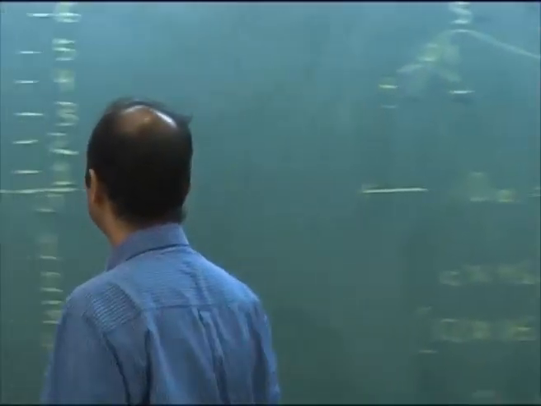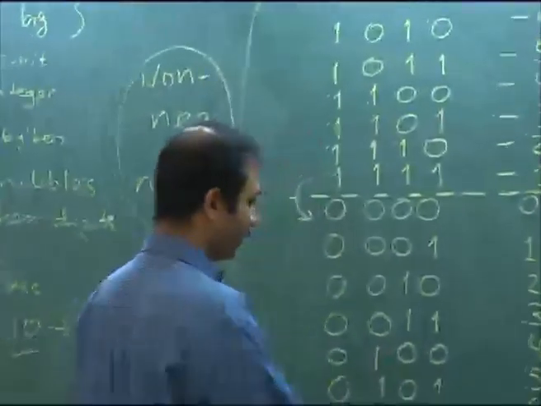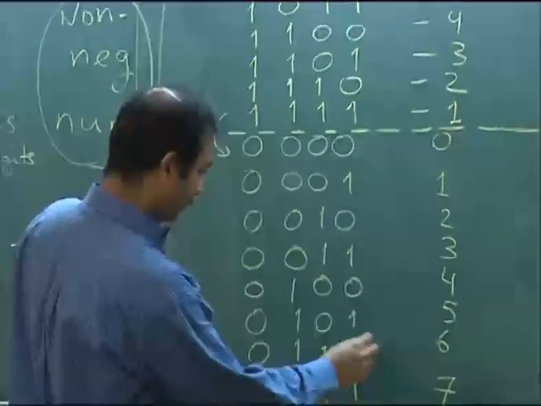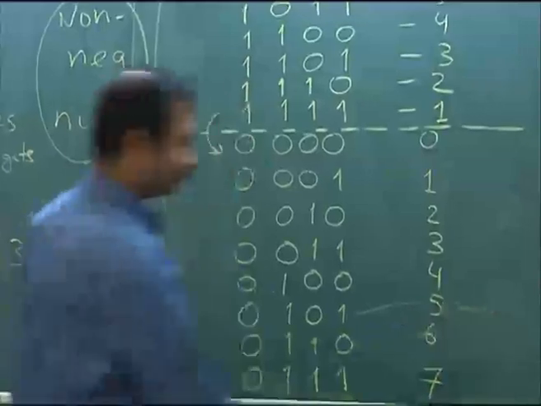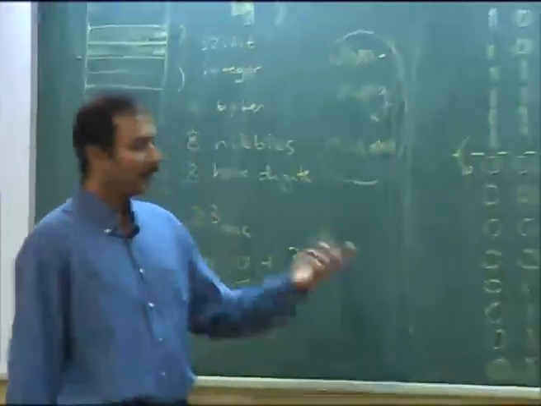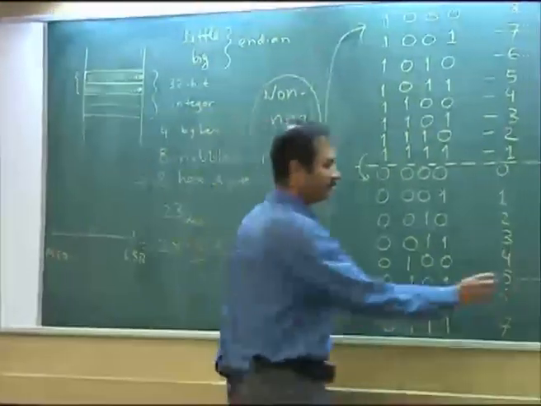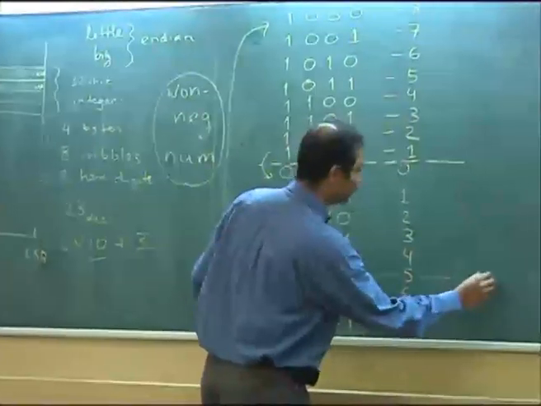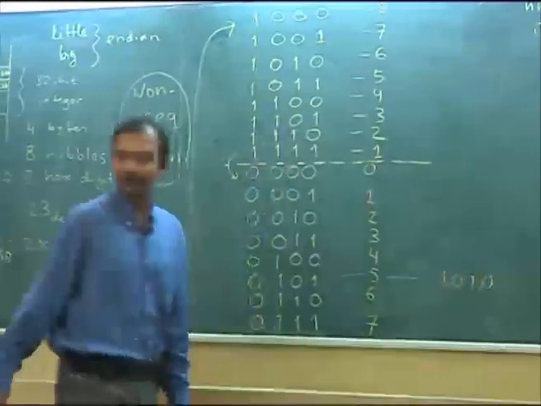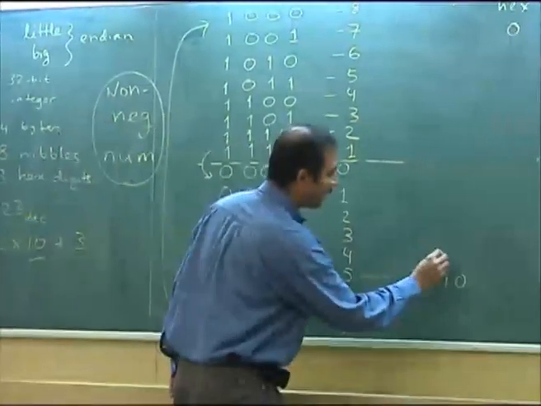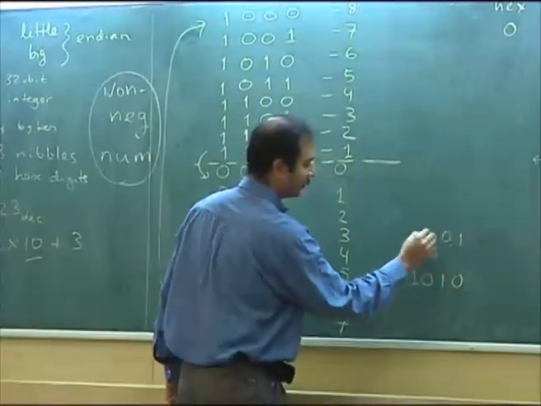Now, this has many, many important properties, so I'll just tell you one, which is, suppose I take the number, say, 5, which is 0, 1, 0, 1. Let me complement each bit. If I do that, I get 1, 0, 1, 0. Let me add 1 to it.